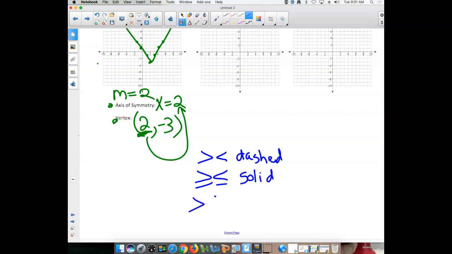If we have these symbols, it means I'm going to shade above. And if I have these symbols, it means I'm going to shade below. Okay, so we're going to need to know all that information for our next couple problems here. Okay, so another thing I need you to study for your test tomorrow.